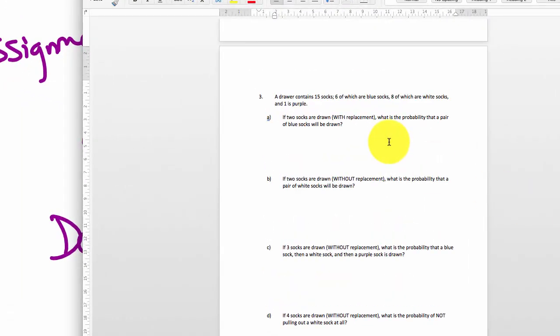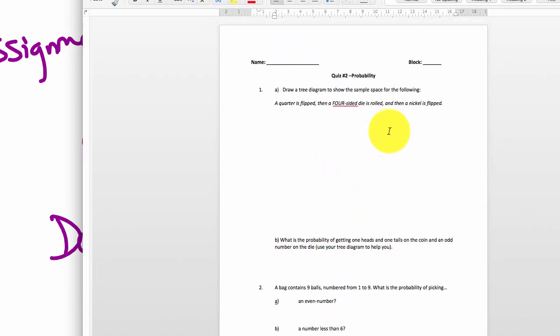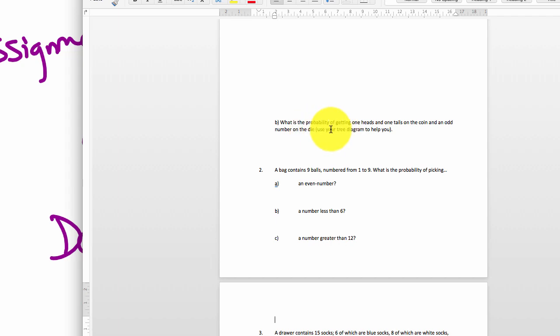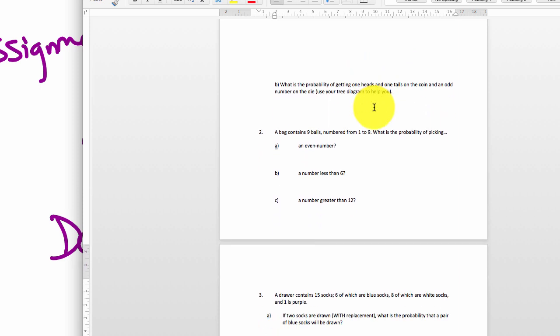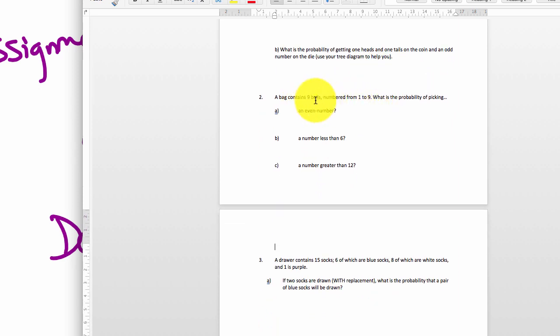Here it is. So we have a tree diagram up here for number 1. Then for B, you use your tree diagram to figure out a probability. Remember, look at all the pathways and everything. Then we have a question with balls in a bag sort of thing, but you're only picking out one ball. One ball here, one ball there, one ball there.